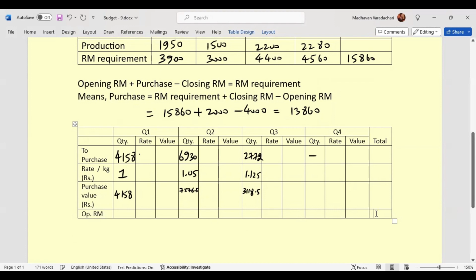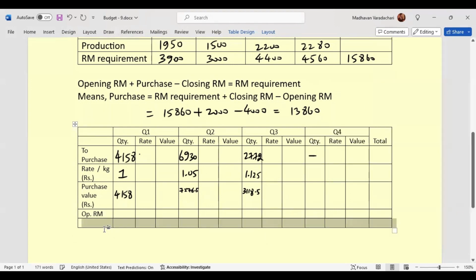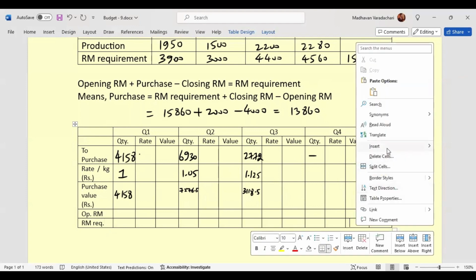Then raw material requirement, and we will calculate the closing raw material.